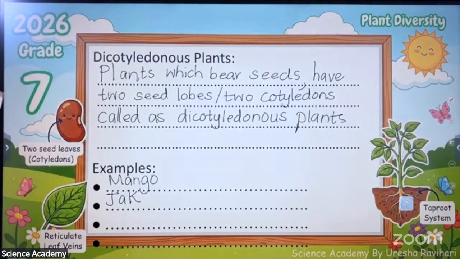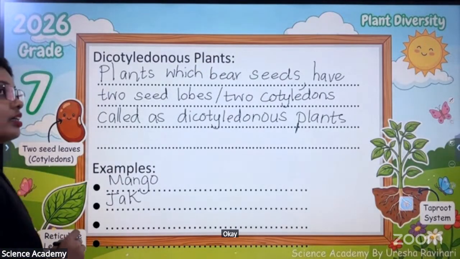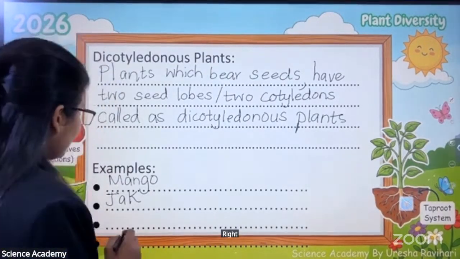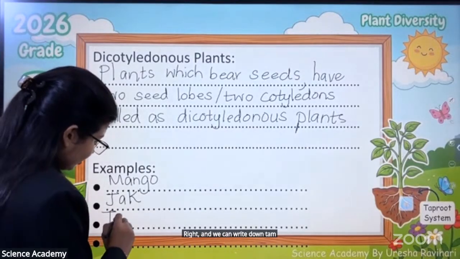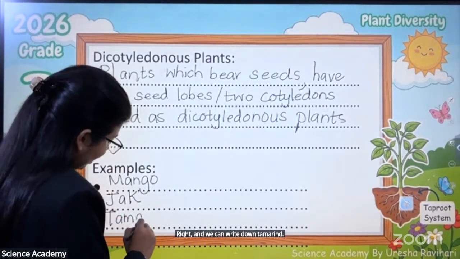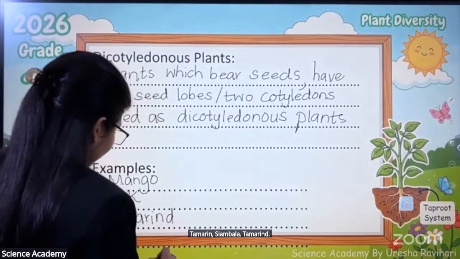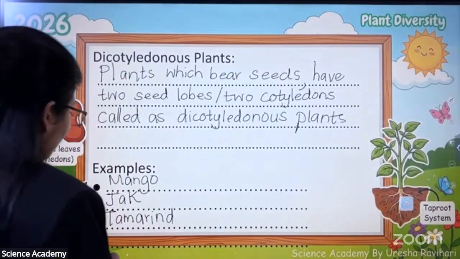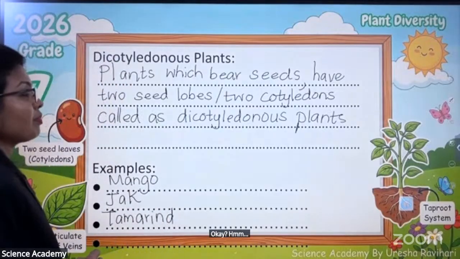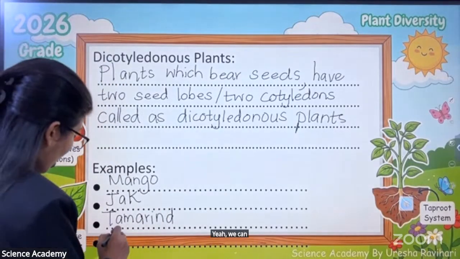Mango, jack. Okay. Right. And we can write down tamarind. Tamarind. Siambala. Tamarind. Yeah, we can write down guava.